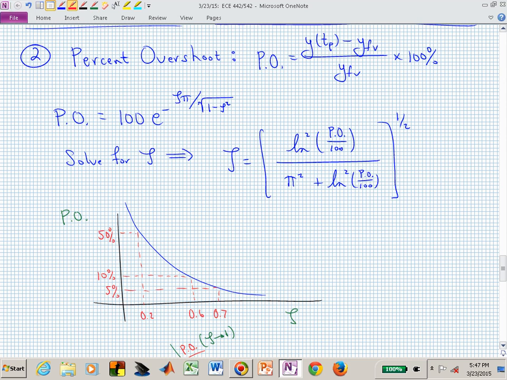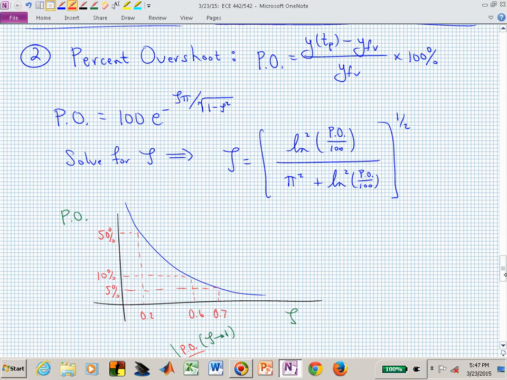They may actually tell you, if this is a performance specification, they may say, I want a percent overshoot of 10% or less. Then they give you PO, and if they give you PO, then you can solve for zeta, and remember what zeta is related to in the pole diagram? That's related to the angle, theta, isn't it?